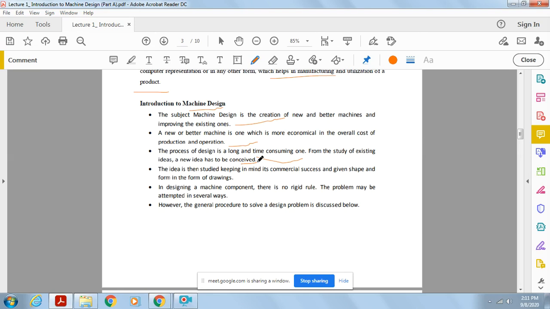So it is a very time consuming process, and we also have to understand very clearly what the need of a consumer is. That part is very important to understand: whatever component we are designing, whether that design will fulfill the needs of the consumer, whether it will be useful for different types of utilities, whether my design will be helpful to create a product that will have a longer service life.